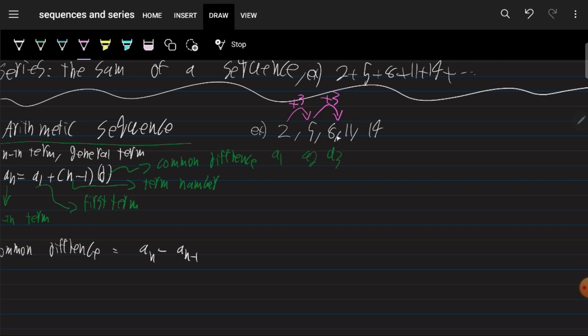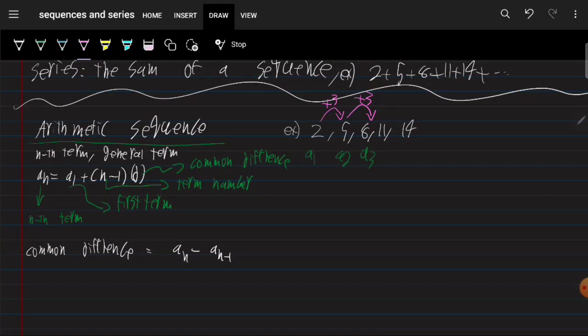So one way we can find this is take any one of these numbers. So let's say 8. Subtract the number that comes before, 5. And we'll get 3. Okay, which is our common difference. You could have also taken 14, subtracted 11 to get 3, or taken 5, subtracted 2 to get 3. So the common difference will, of course, always be the same.